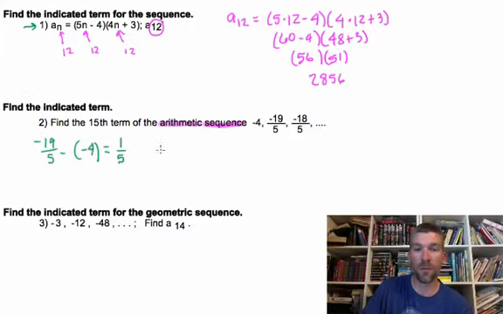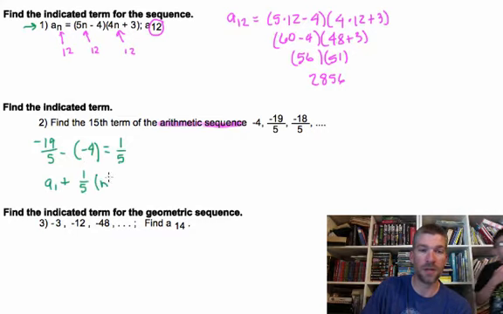So my first term is -4. And we know that we're going to have 1/5. So what I need is something along the lines of my first term plus the difference that I'm looking at, which in this case is going to be the 1/5. All right, and then I'm going to multiply by the number of terms that I'm interested in.